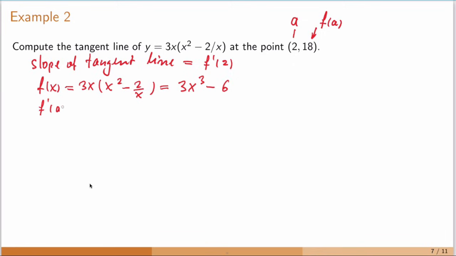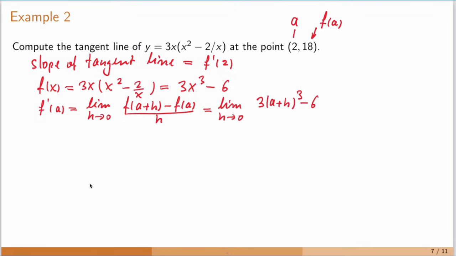So f prime at a equals the limit as h goes to 0 of f of a plus h minus f of a, divided by h. And now I sub in this function. 3 times (a plus h) cubed minus 6 minus f at a, which is 3 a cubed minus 6. And then all this divided by h.